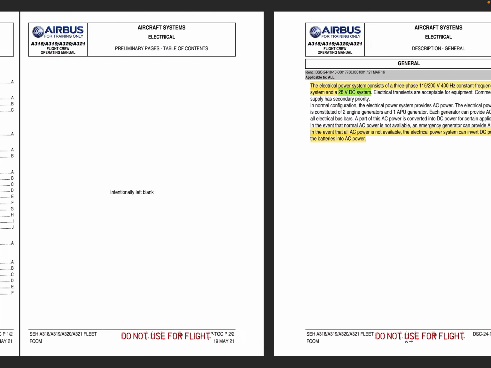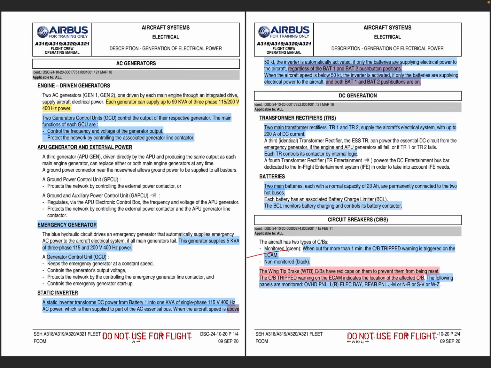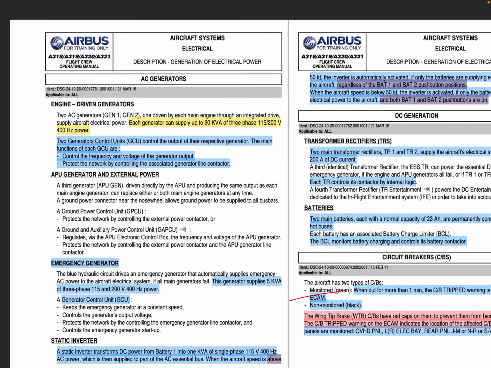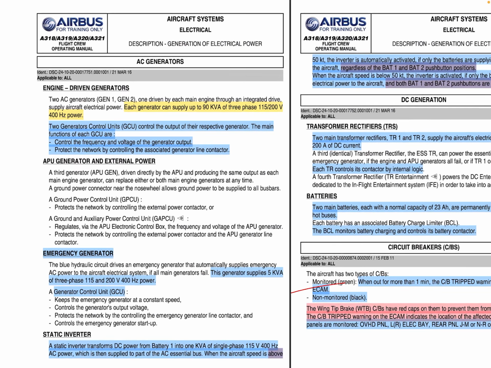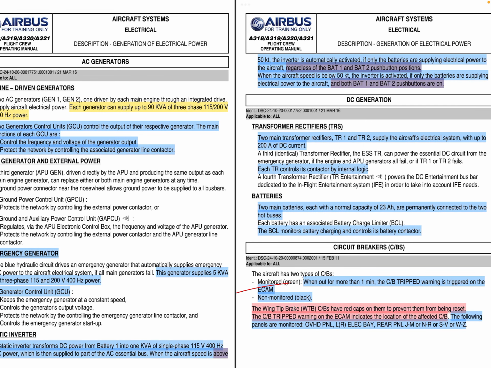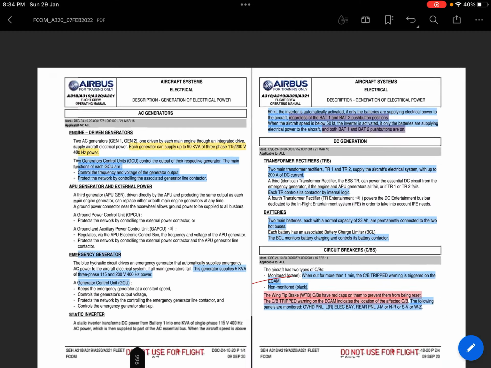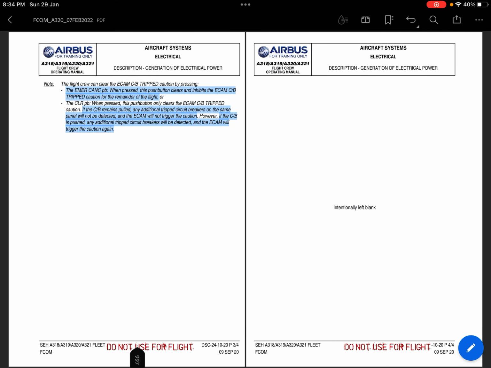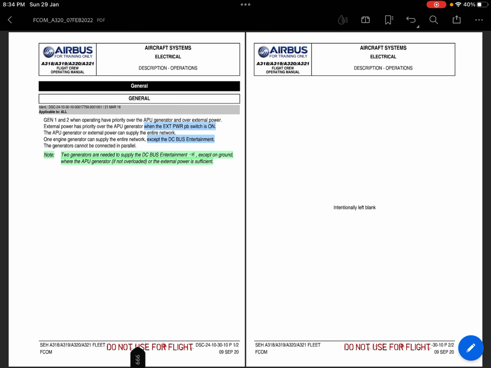No, it's not on this page. It is written somewhere here only in the beginning.